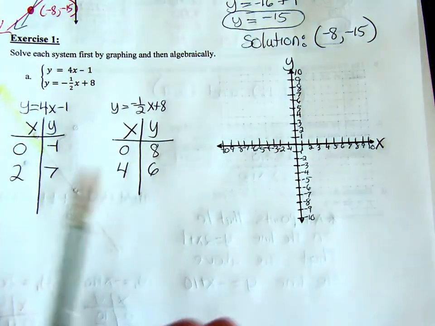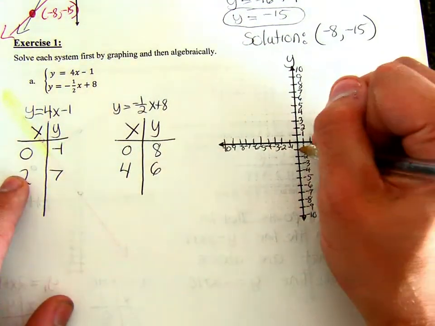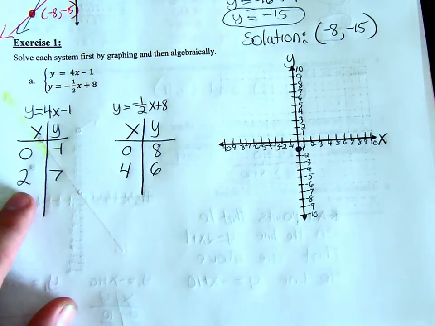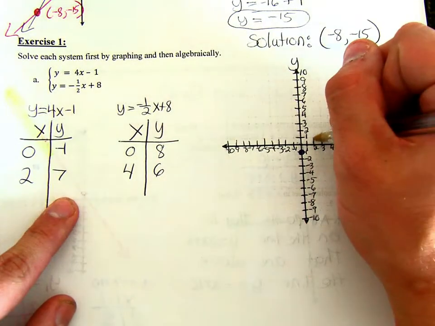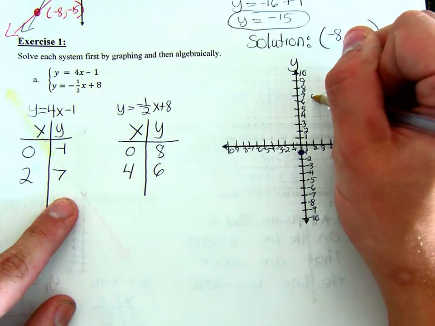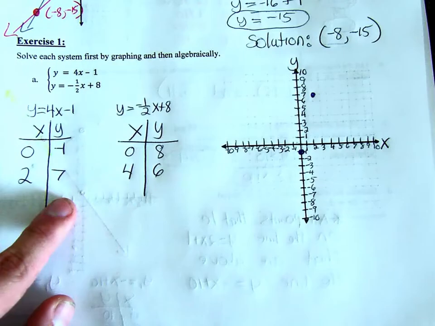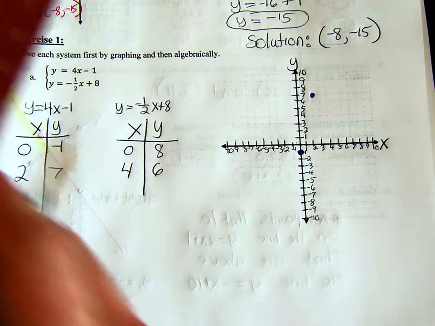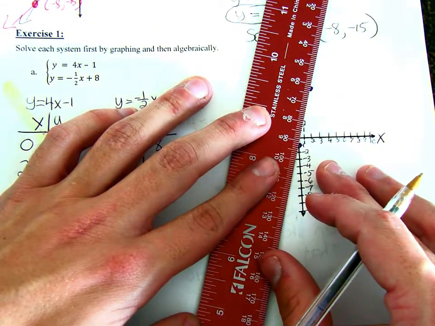So now looking at this, I'm going to plot this first one, 0, -1. So I go 0, -1. It'll be this point right here. And then I'm going to have 2, 7. So I'm going to go over 2, up 7. So then what I'm going to do is I'm going to connect my points with a line.